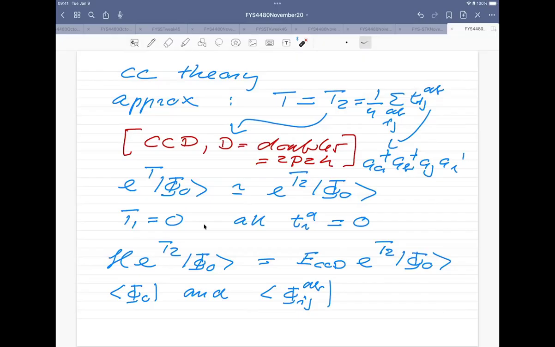There are approximations to triples excitations, and people have dedicated their professional lives for decades to improve upon these different approximations. And people will obviously fight each other at different conferences about who has the best approximation, as humans always do, right? My method is better than your method, et cetera. We can't escape human psychology. Even if we try to be scientists at our best, human psychology somewhere always kicks in.